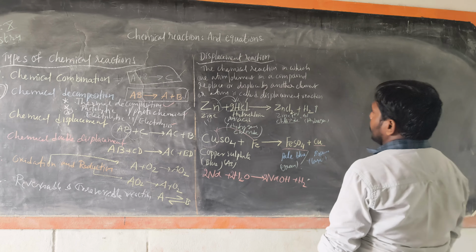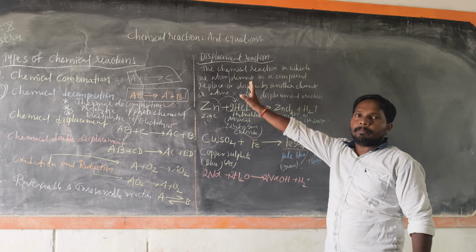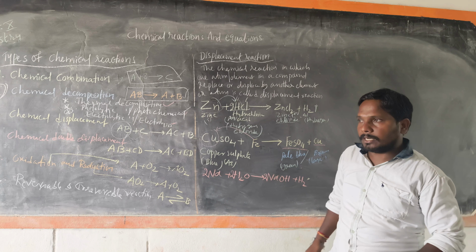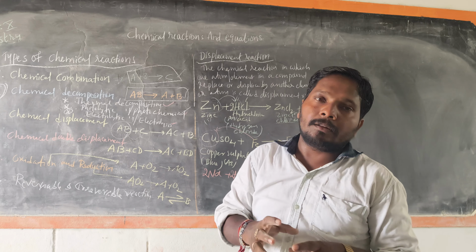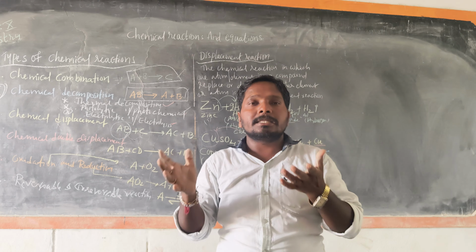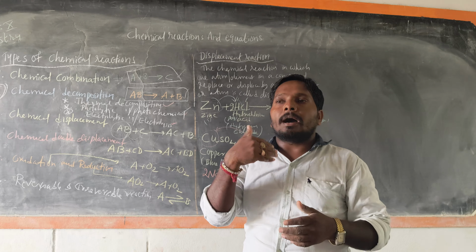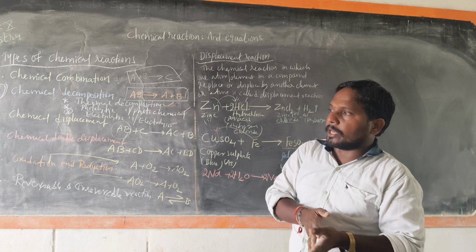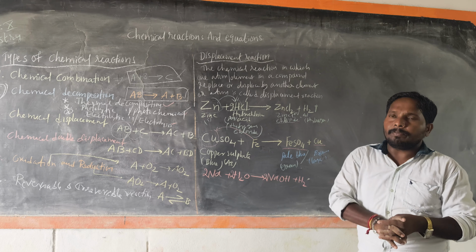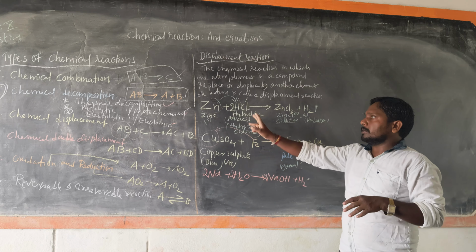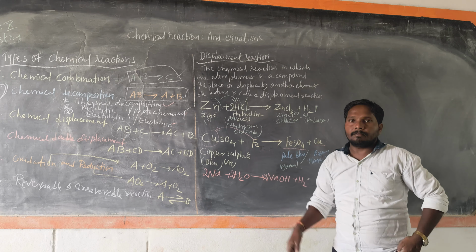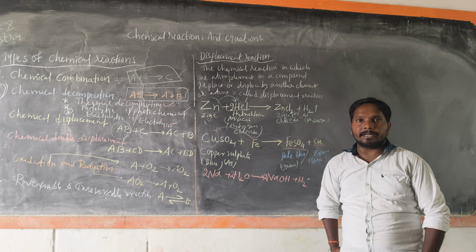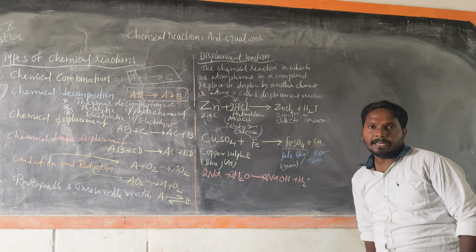In a displacement reaction, one element or atom is displaced by another element or atom. Generally, a low reactive element can easily be displaced by a high reactive element. Especially in metals, we can observe the displacement reaction. So the reaction between metal and acid is also an example of a displacement reaction.